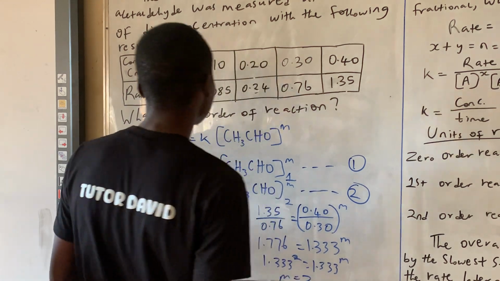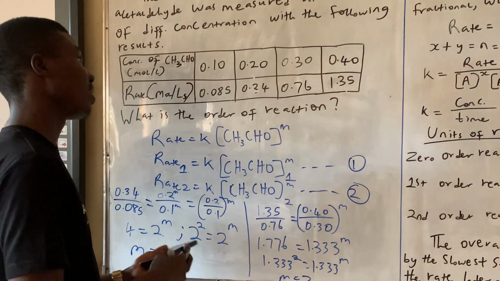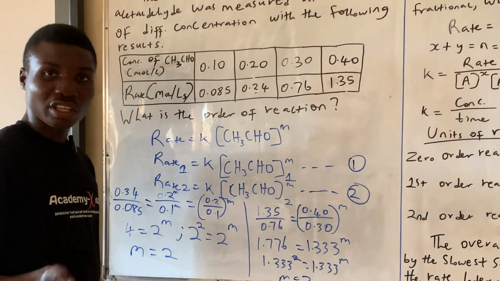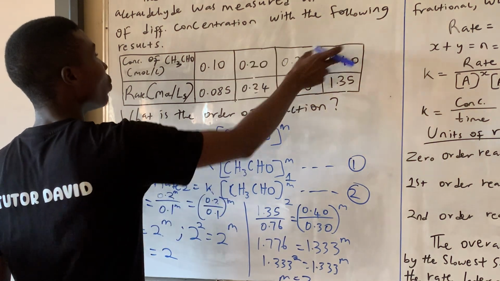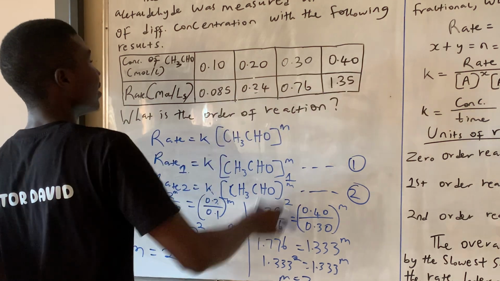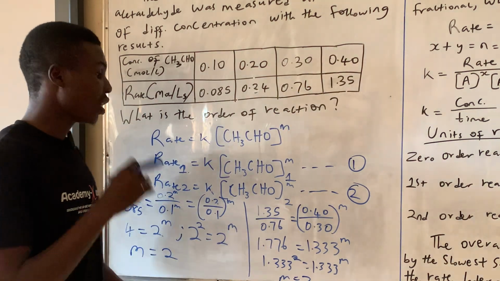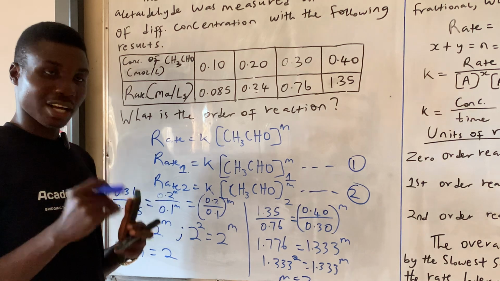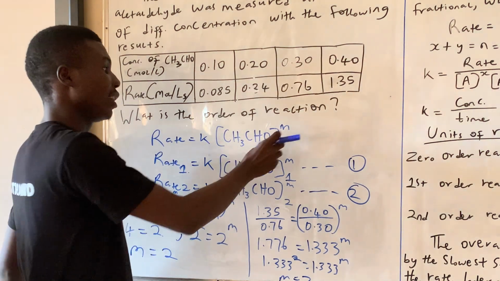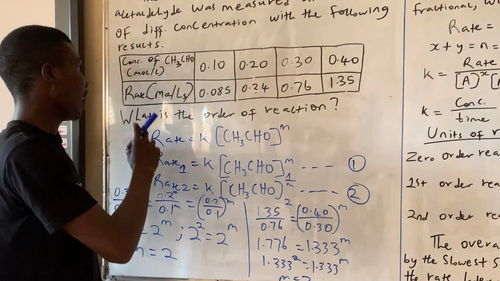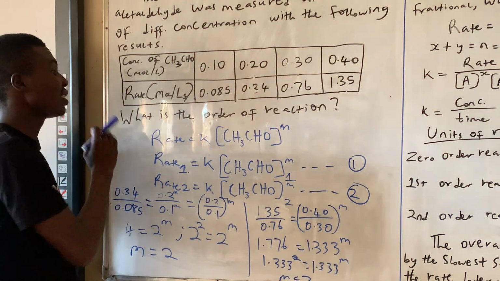So whether you are working with rate 1 and 2, rate 1 and 3, rates 3 and 4, or somebody else chooses to work with rate 2 and rate 4, rate 1 and rate 3, whatever you choose, it will still give you the same answer. So these are things that you can practice and learn, to calculate order of reaction, having been given the concentration and the rate.